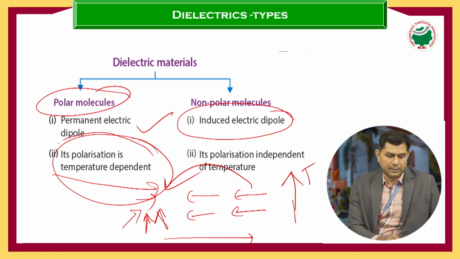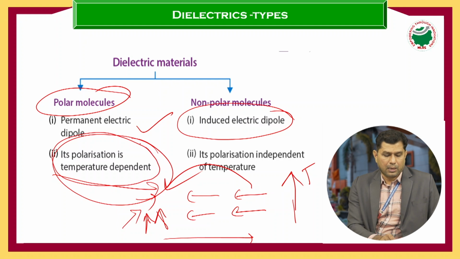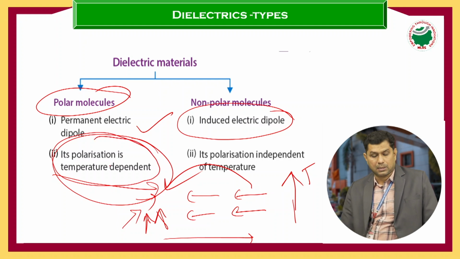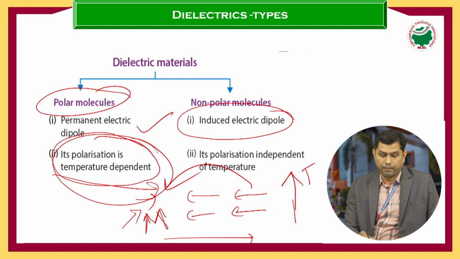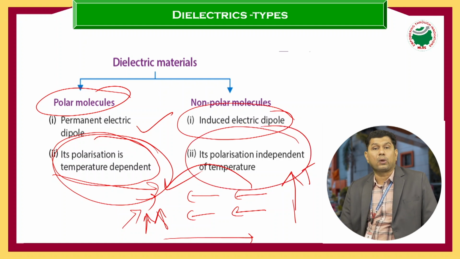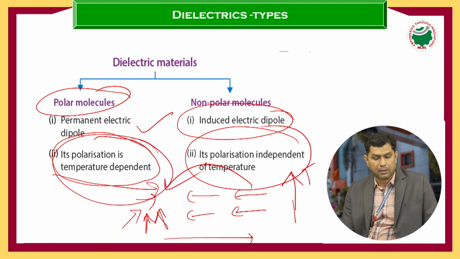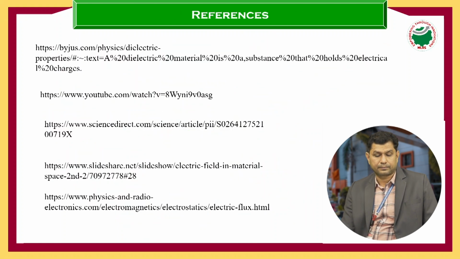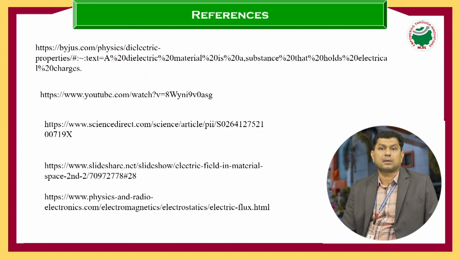So the polarization of polar dielectrics is dependent on temperature. But in case of non-polar dielectrics, the polarization is independent of temperature. This is about the different types of dielectric materials based on dipoles present or not, permanent dipoles present or not. These are the references I used.